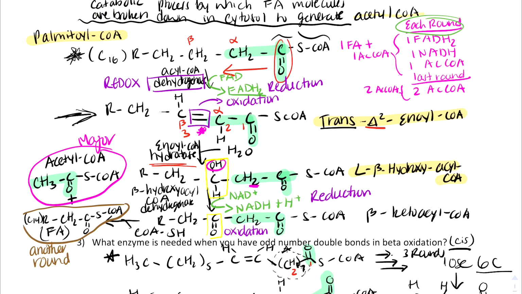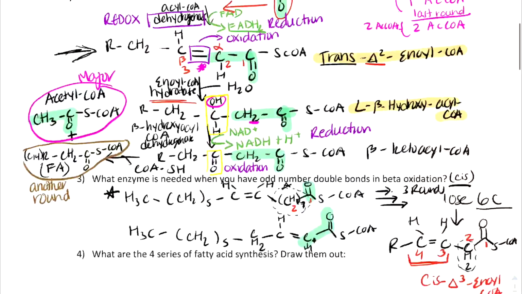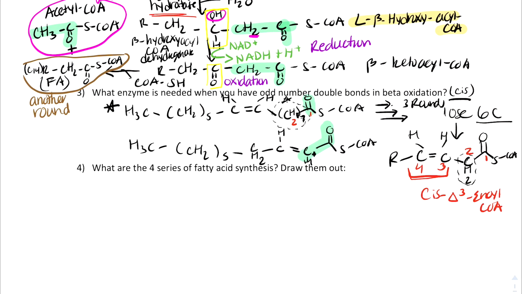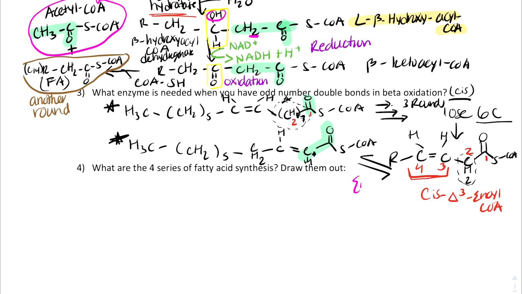It must be in the trans form. As we see in the beta oxidation in the previous question, it's in the trans delta 2 form. So what we have to do is add an enzyme to get it to this one right here. And that enzyme is called enyl CoA isomerase, which just converts this cis form into this trans form.